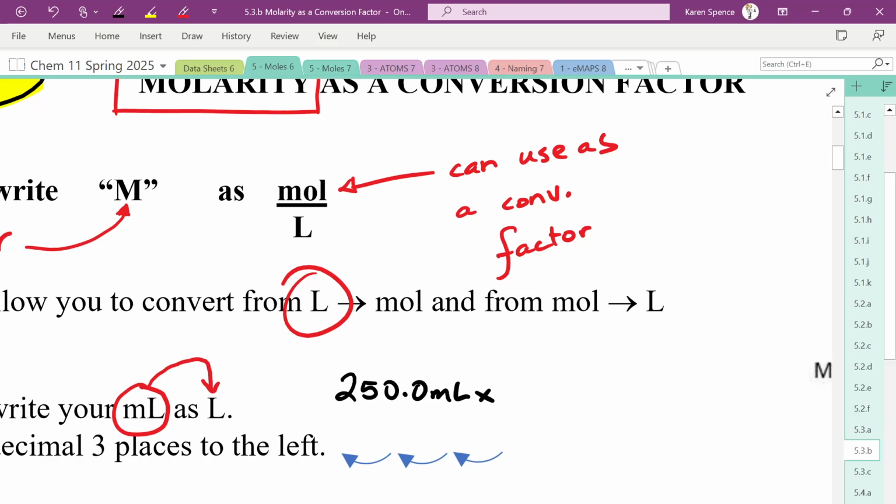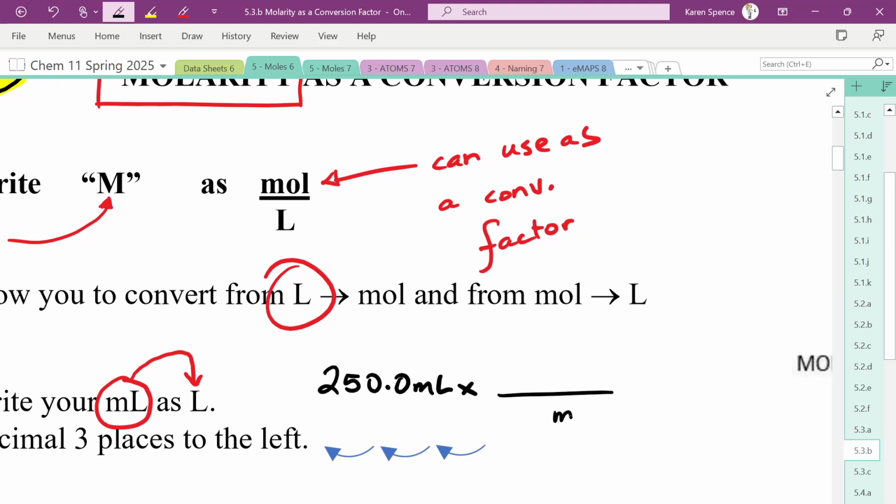You could cancel your milliliters and find your liters, using your powers of 10, or you could say, I know there are 1,000 milliliters in 1 liter, so we take our number and divide by 1,000.